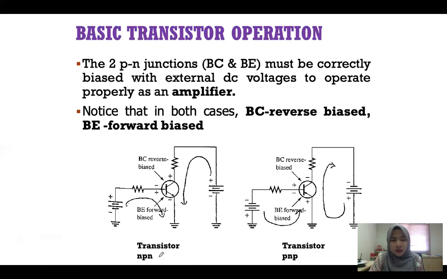This is the circuit with the NPN transistor, and this is the circuit with the PNP transistor. This is the BC. BC is reverse biased, BE is forward biased. Same for the PNP, BC is reverse biased, BE is always forward biased.